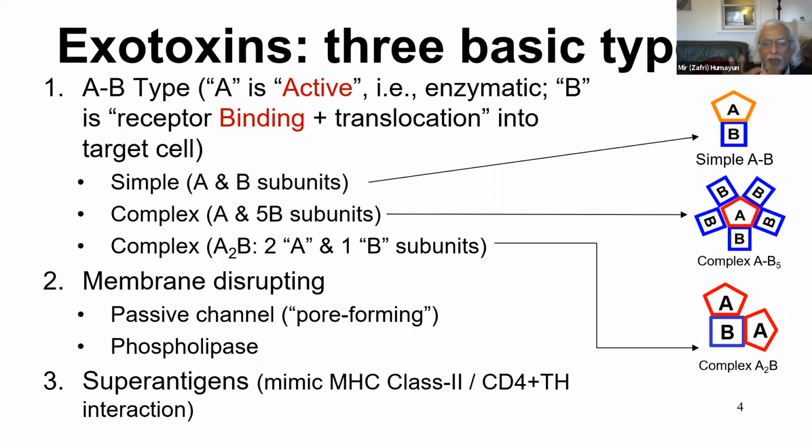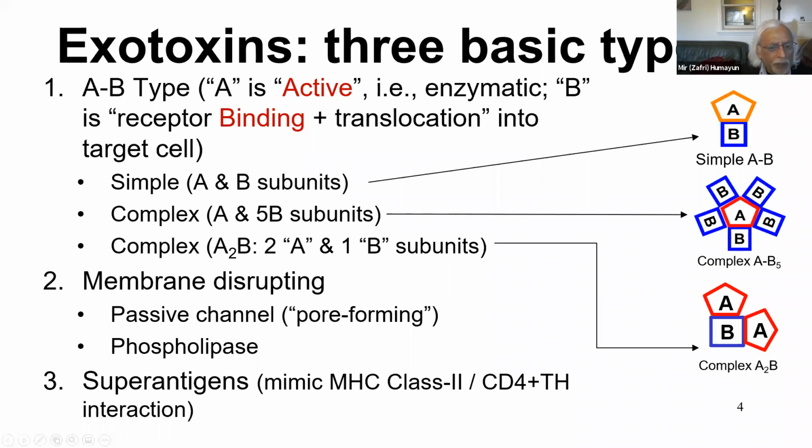So they're passive pore-forming toxins. There's another kind of membrane disrupting exotoxin that's a phospholipase. That's an enzyme that actually chews away a component of the host cell membrane to disrupt the cell membrane, again with the same result. That is, an outpouring of ions and an inpouring of water, ultimately leading to killing of the cell.